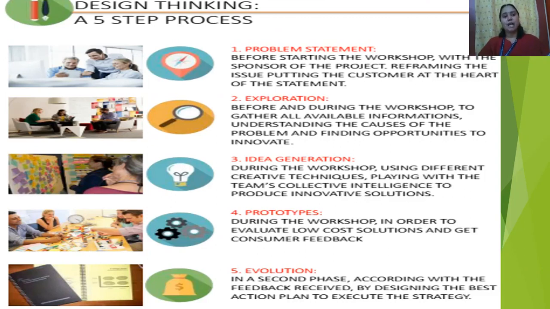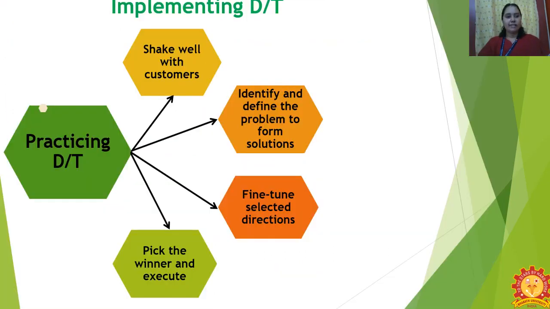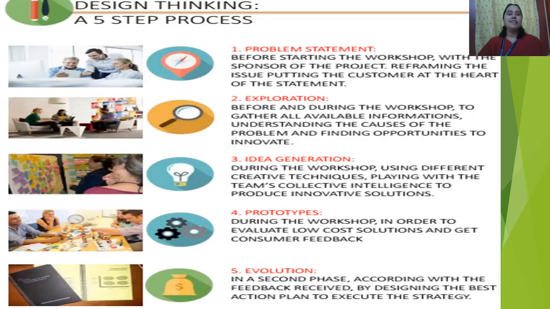We'll have a glimpse of the 5-step process of design thinking, and we'll proceed with implementing design thinking in an organization. If you see the design thinking process, we discussed this in the earlier session also. It consists of 5 steps. The first step is the problem statement.